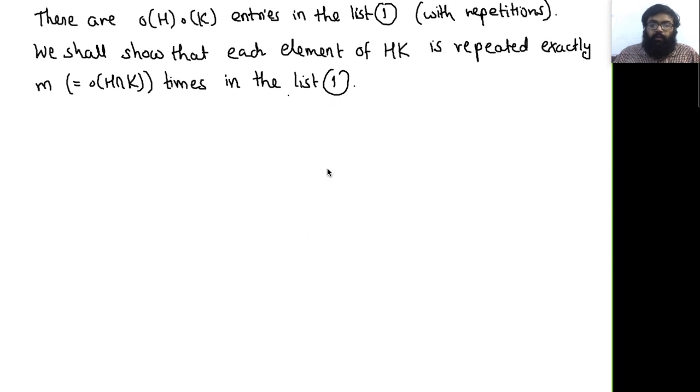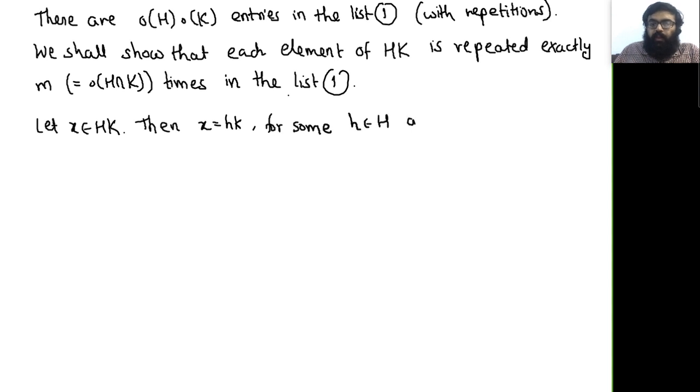Okay, so now let x belong to HK. Then we can write x equals hk for some h in H and k in K. Right? And now how many times can such hk be written?